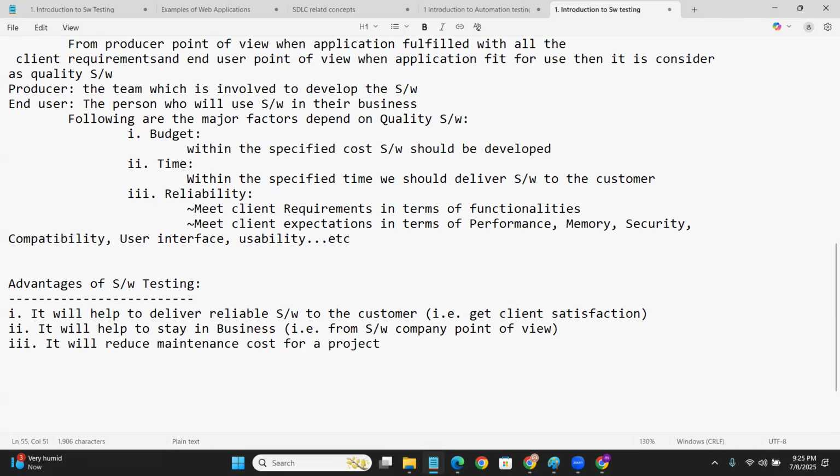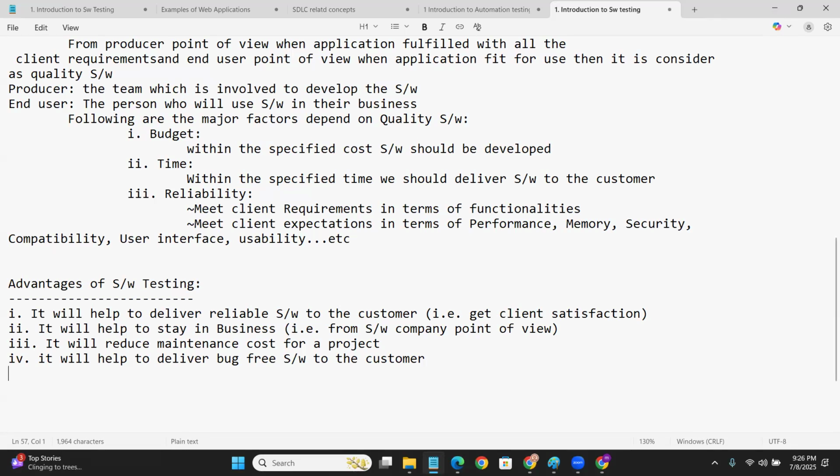Next, it will help to deliver bug-free software to the customer.